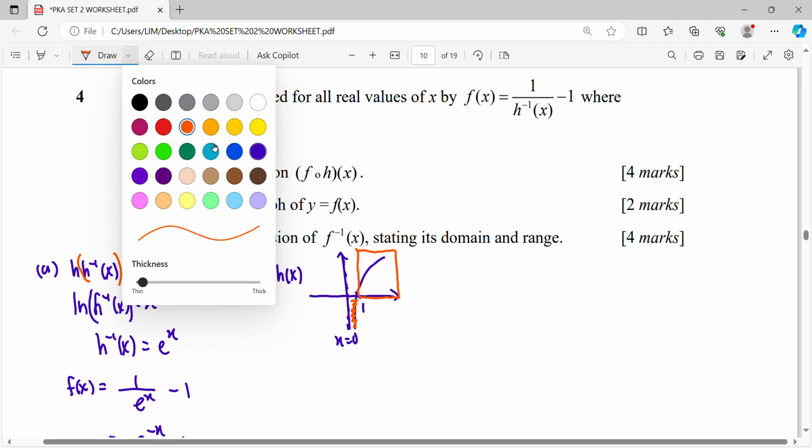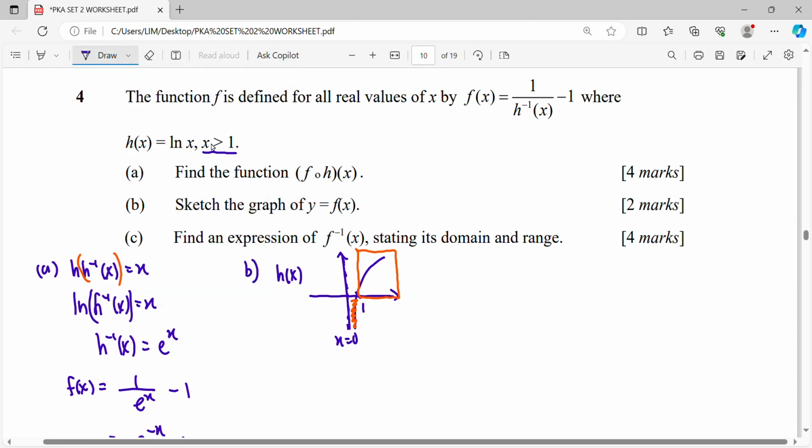So when we change it to h inverse, how do we get h inverse? We need to reflect through y equals x. Originally from x equals 1 it shoots up. When we reflect, it will go into the y-axis with x equals 1 here.